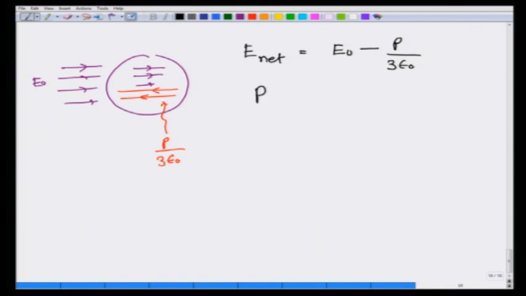Now, remember what P is. P is equal to chi e epsilon 0 E there.